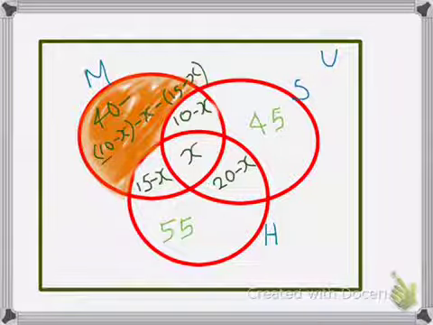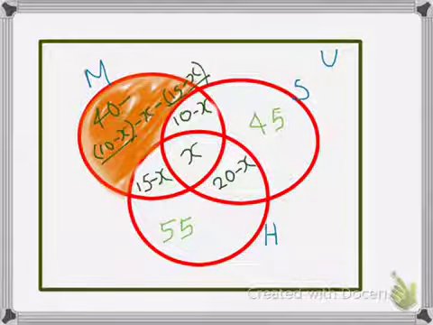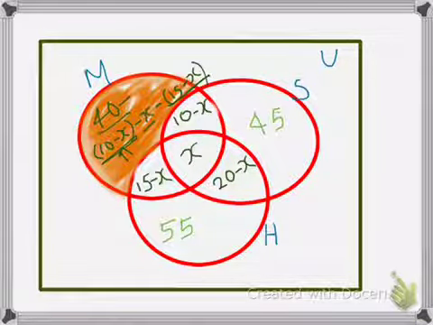Remember, here I have used brackets because it's the same number, 10 minus X. If we know the X, then 10 minus X will be one number. So 40 minus (10 minus X) minus (15 minus X) gives the students who passed in maths only.